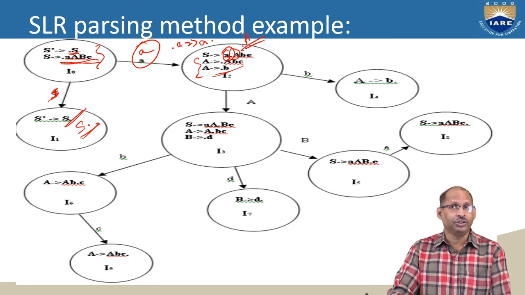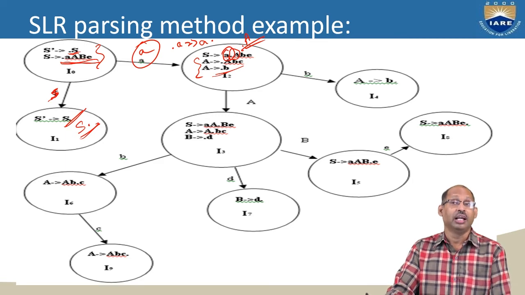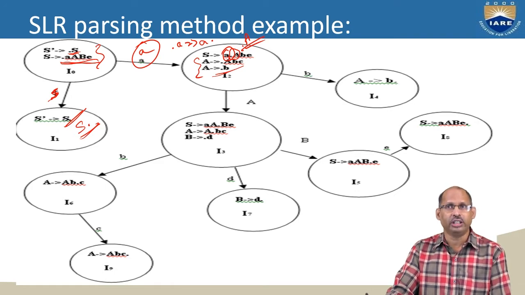We will continue to add productions to the group while the dot is followed by non-terminals. If the dot is followed by a non-terminal, simply add that non-terminal's productions. This goes on till the dot is followed by terminal symbols.